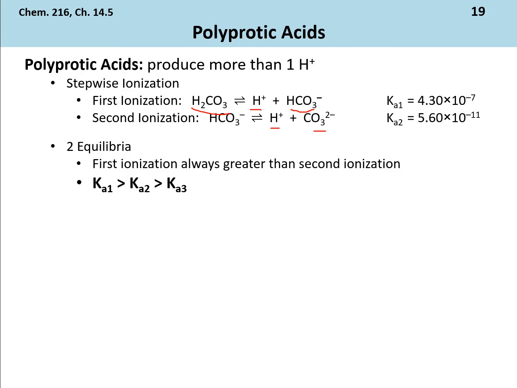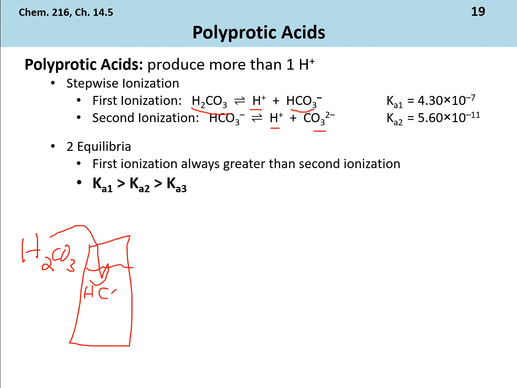Now let's think about this. If I have a glass here and I put in H2CO3, what's going to happen? Some of that H2CO3 is going to fall apart to form HCO3- and H+. But because it's a weak acid, some of it remains as H2CO3.